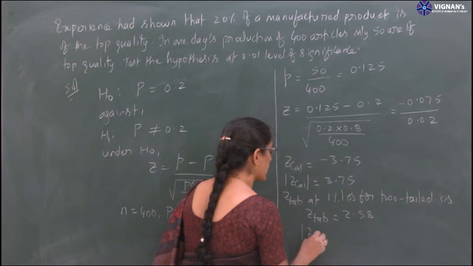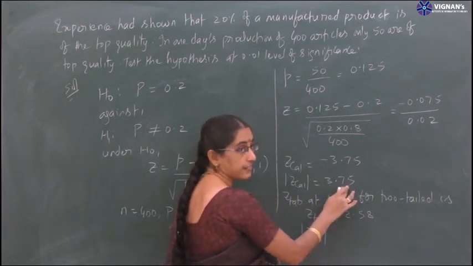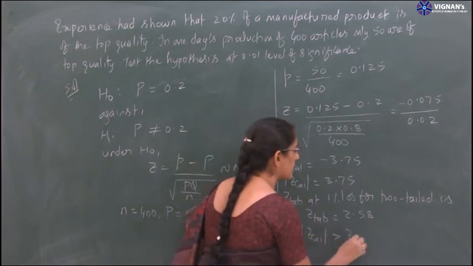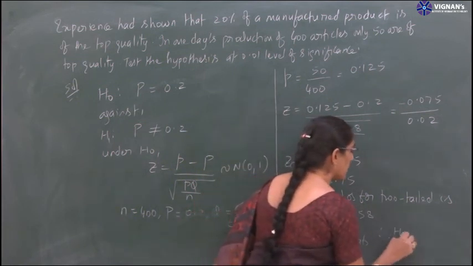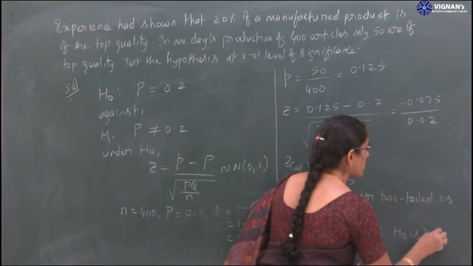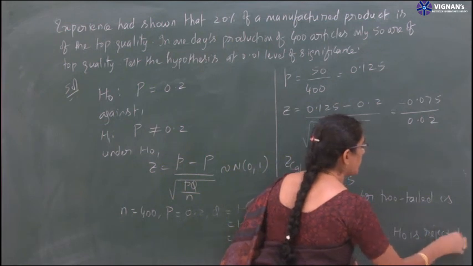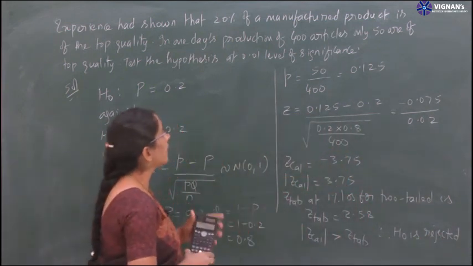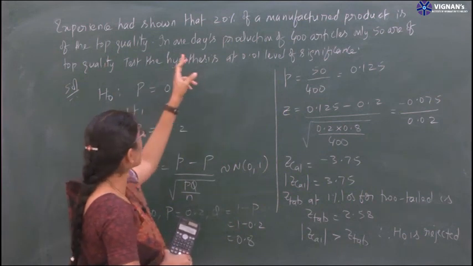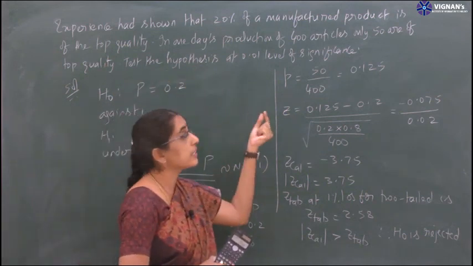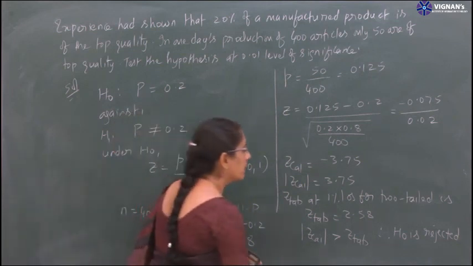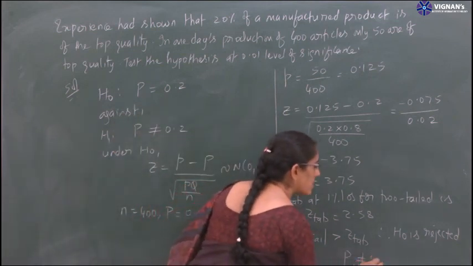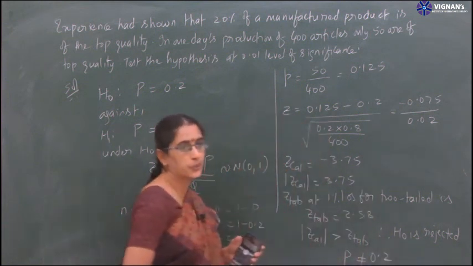So mod Z cal is 3.75, which is greater than Z tab 2.58. So that means H naught is rejected, which means we are accepting H1. That means the experience that 20% of the manufactured product is of top quality, we are rejecting that. That means capital P is not equal to 0.2.